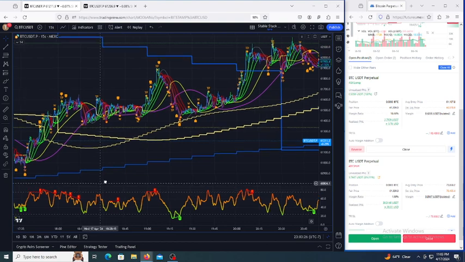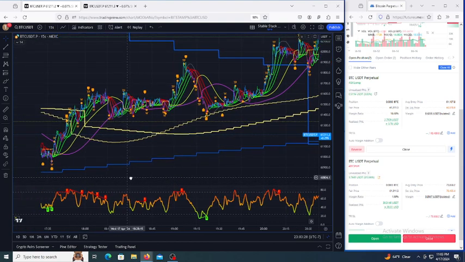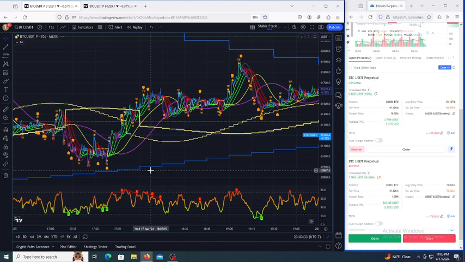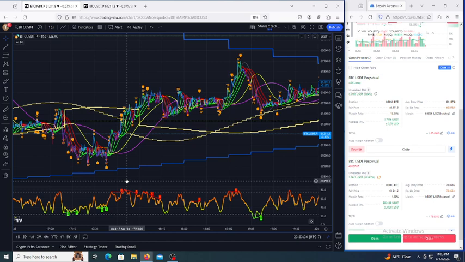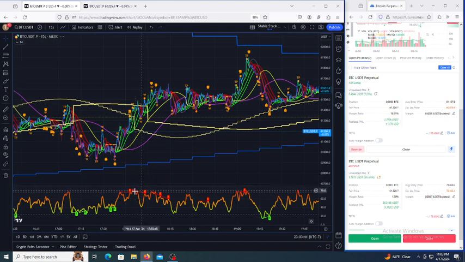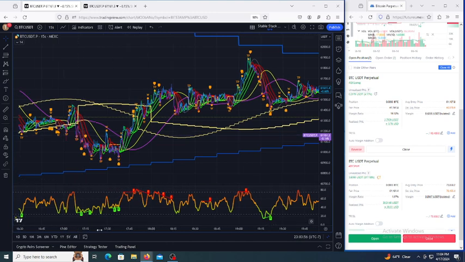Okay. So there's times where these divergences fail, where they're wrong. Okay, and that's usually when it's dumping, or else it's shooting up in one direction.